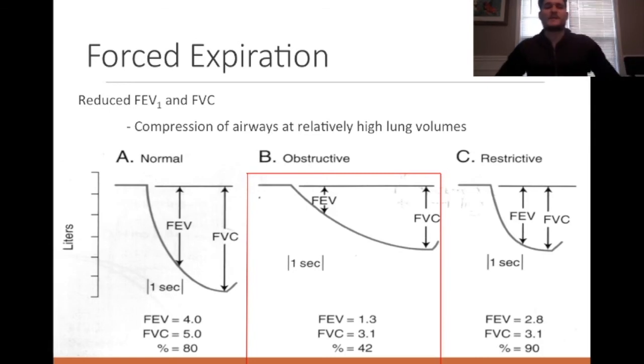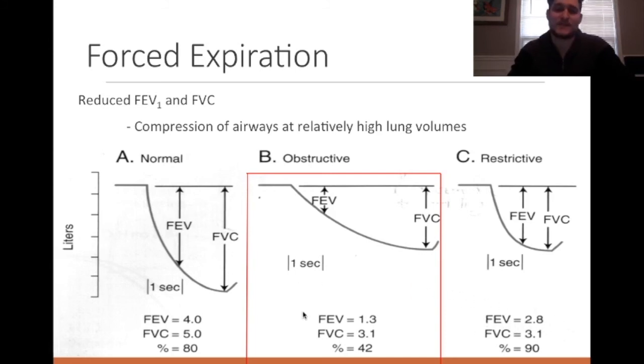And so here we see the differences in those who are healthy, in those with COPD, and those with a more restrictive disease. So with COPD, we get a reduction in both FEV1 and forced vital capacity. We would see the same in a restrictive disease, but we would see that ratio be relatively the same, where a person is able to get out most of their forced vital capacity within that first second.